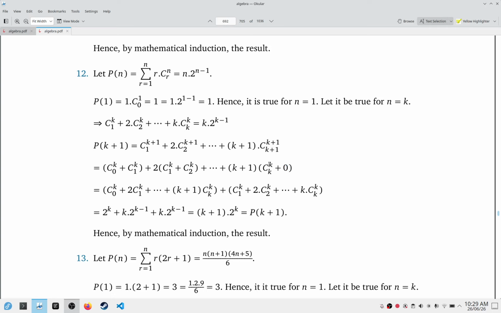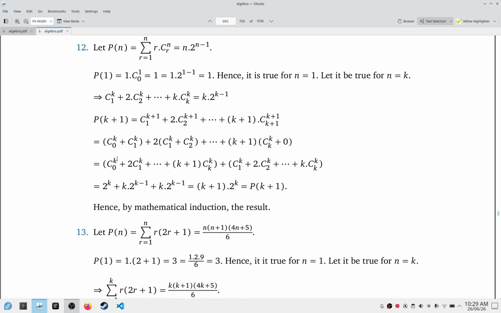This can be written as kCk. So 0 is fine. Now what we do is we take kC0, kC1 up to k plus 1 times kCk. And then we collect these terms kC1, kC2. So we collect and we write here.